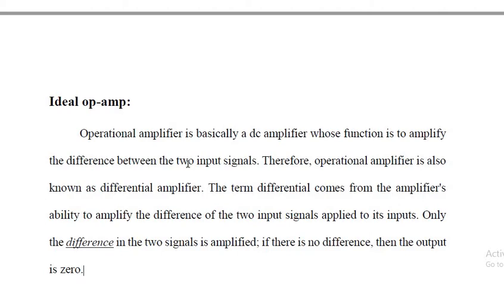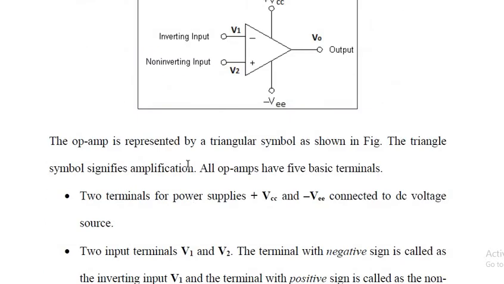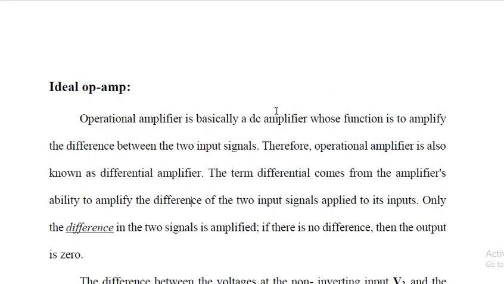So in the symbolic representation, we saw inverting input is V1 and non-inverting input is V2. So difference between the 2 inputs means V2 minus V1. Therefore operational amplifier is also known as differential amplifier.